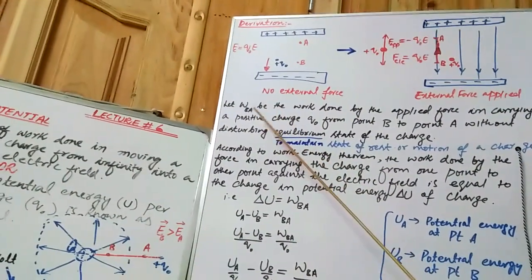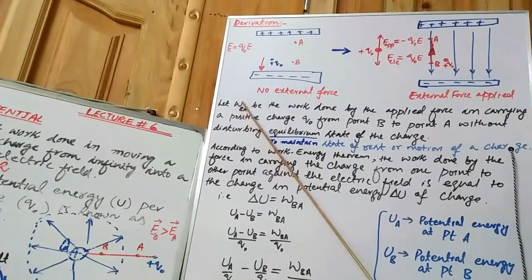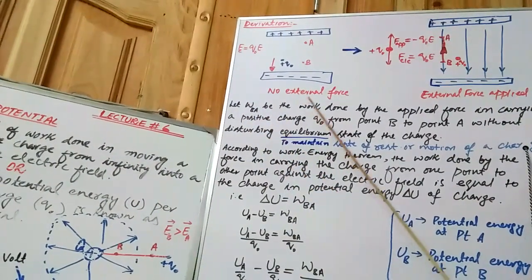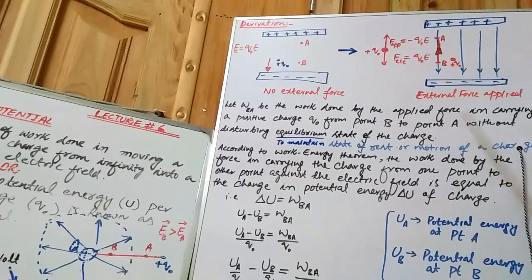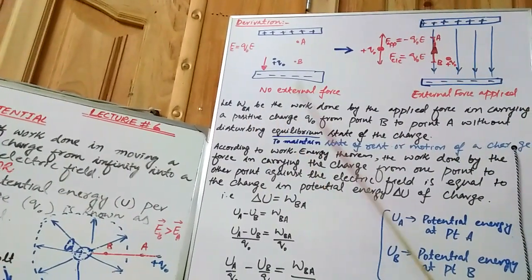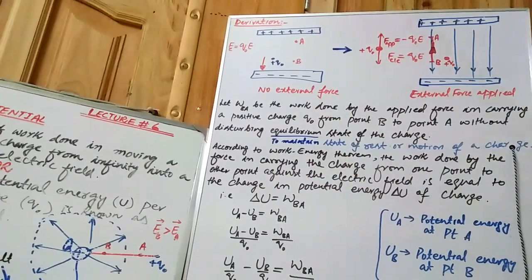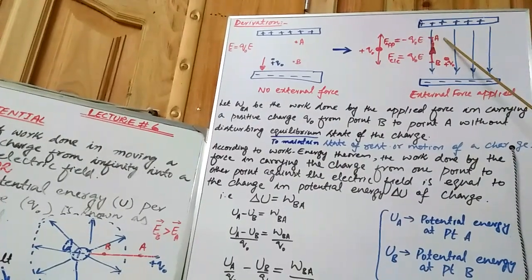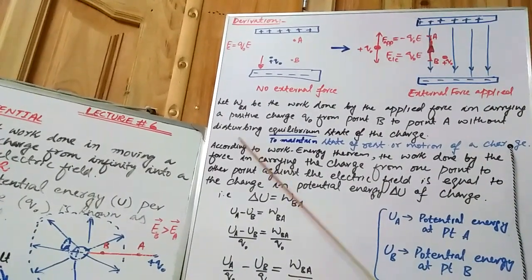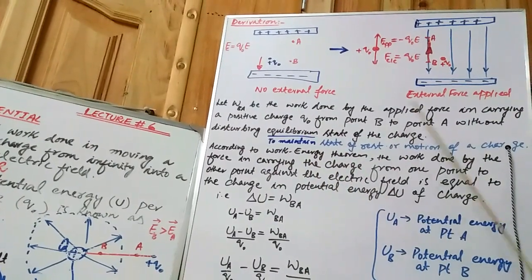So here I mention W BA as the work done by the applied force in carrying a positive charge Q naught from point B to A without disturbing the equilibrium state of the charge.